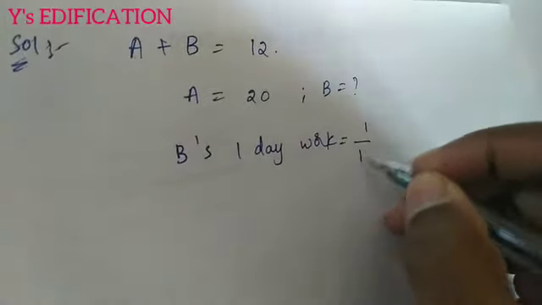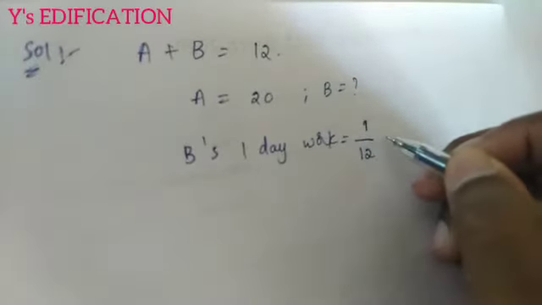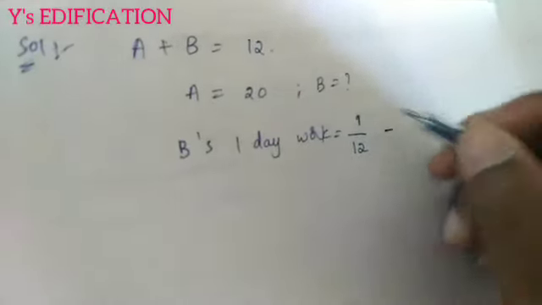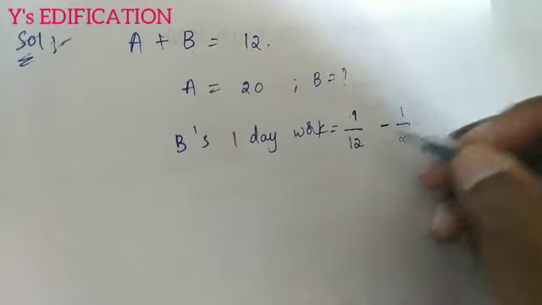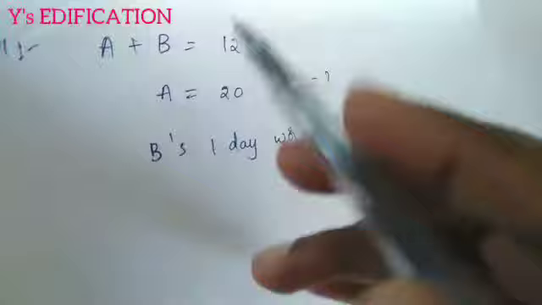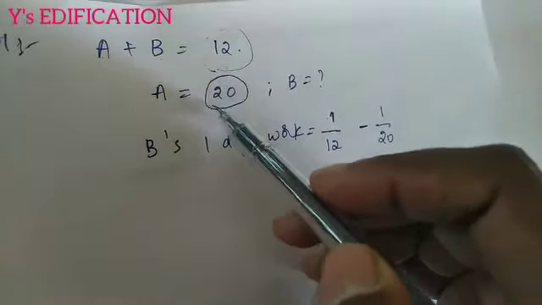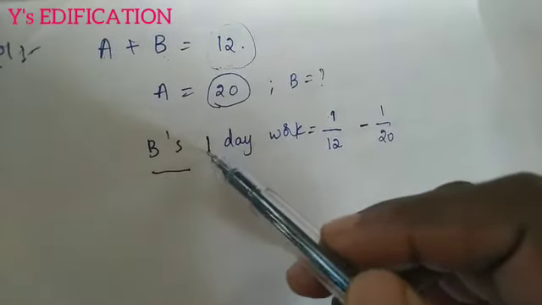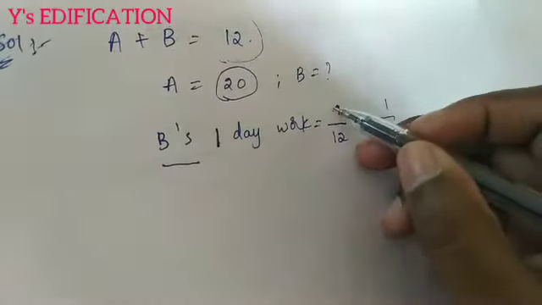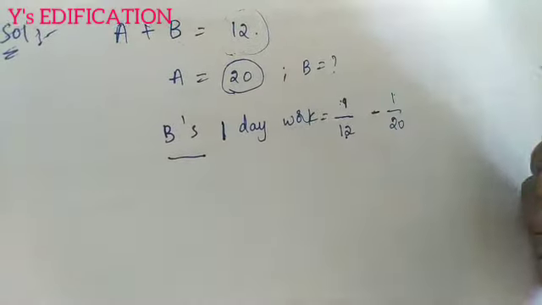That means 1 by 12. 1 day work we are calculating: 1 by 12 minus, what is the A's work, 1 by 20. Why 1 by 12 and 1 by 20? They gave the total number of days as 12 days and A's total number of days as 20 days. Here we are calculating B's 1 day work only. So 1 day, 1 by 12 minus 1 by 20.